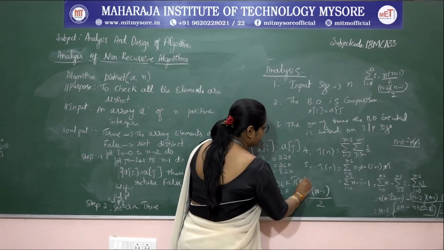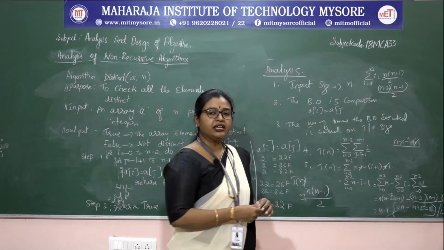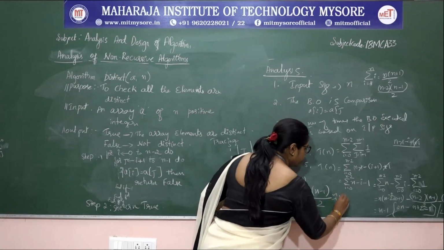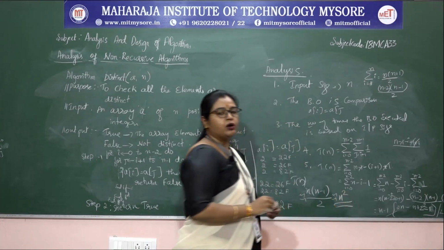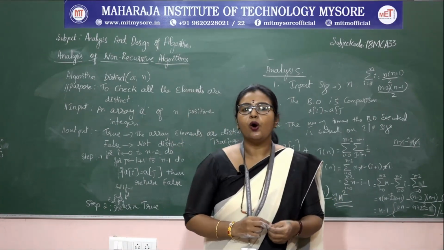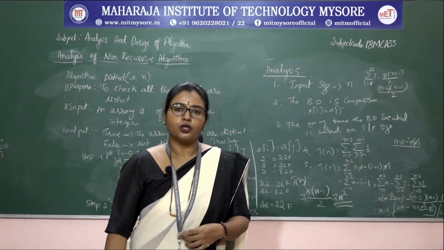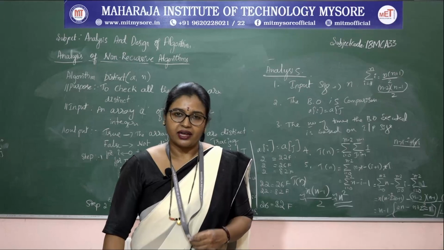So, approximately your T of n is equal to n into n minus 1 divided by 2. Approximately your answer will be T of n belongs to big O of n square. So, your basic operation is going to be executed n square times.